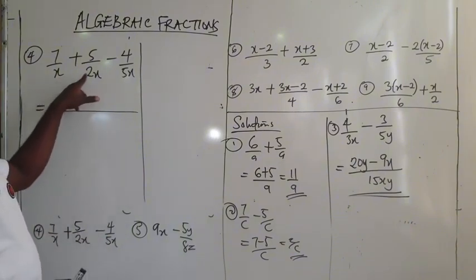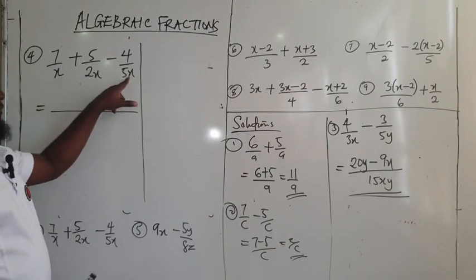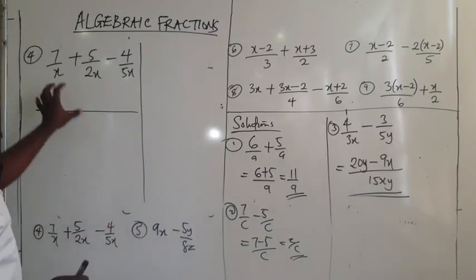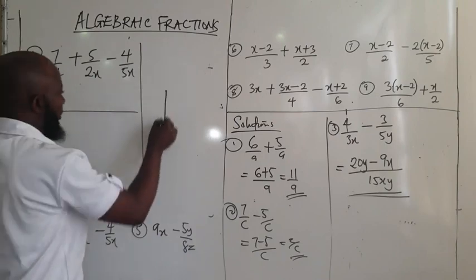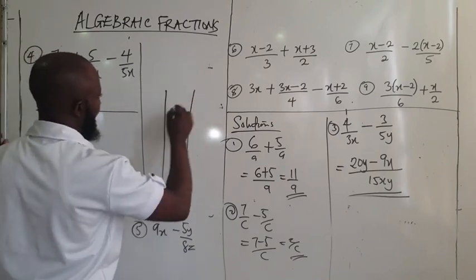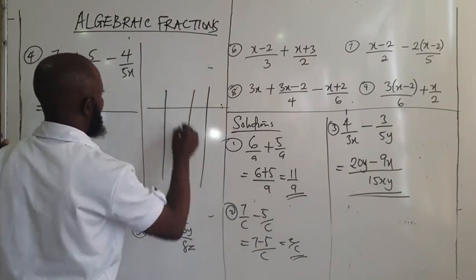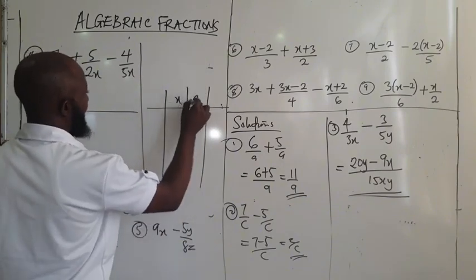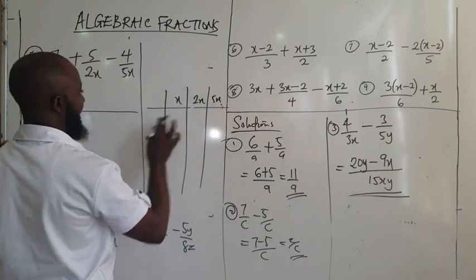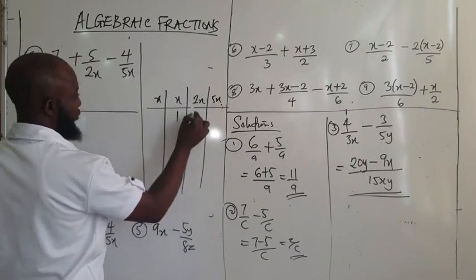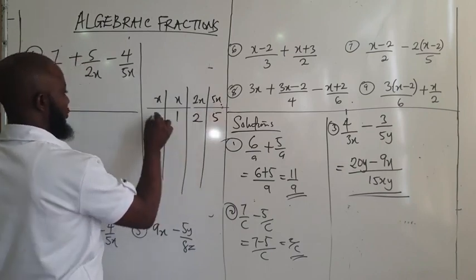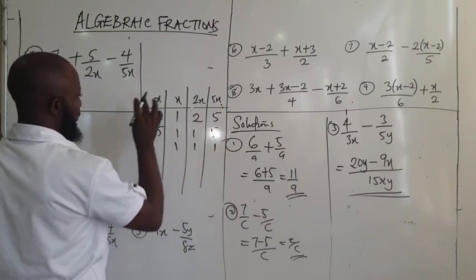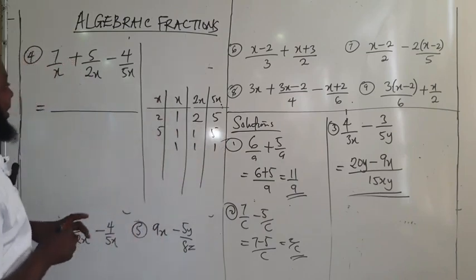x, 2x, 5x. What is common to the three of them? That is x. So pick x. Let's find the LCM so that you don't make mistakes. x can go into x 1, into 2x 2, and into 5x 5.